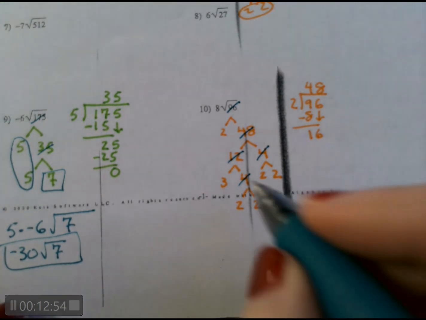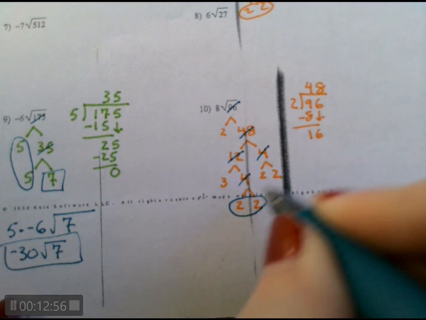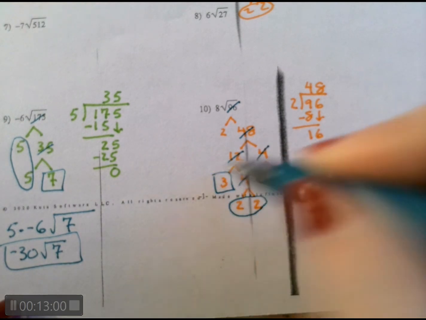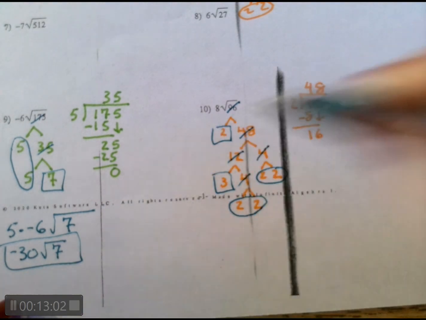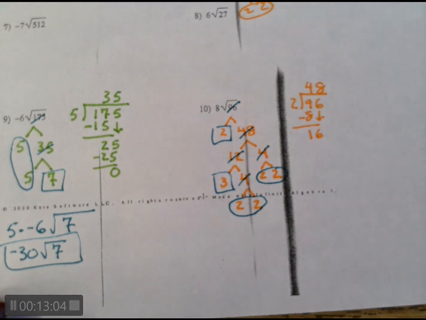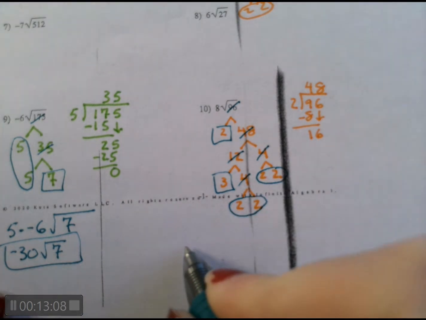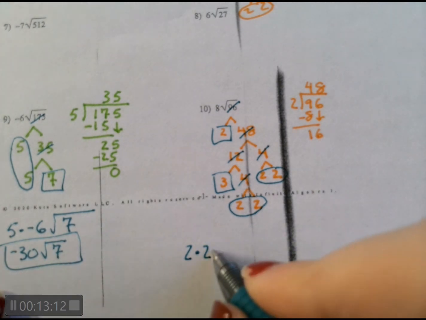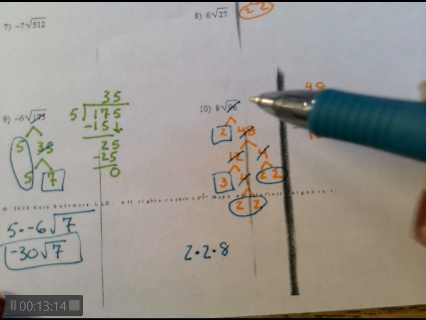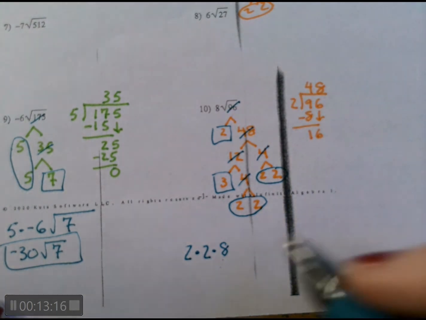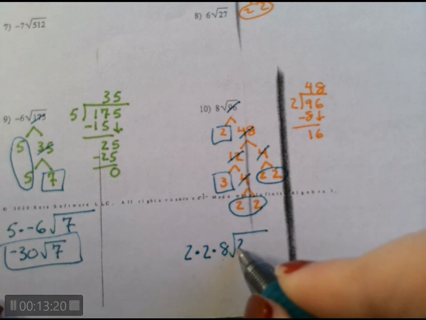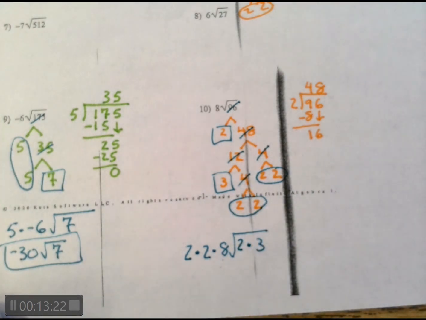Okay? Circle your pairs. Pair of 2s, pair of 2s, and then I have a leftover 3 and a leftover 2. So remember, one number from each of your pairs is going to go on the outside, so I have a pair of 2s, I have another pair of 2s, I had that original 8, the 8 came from right there, and then under the square root, I had leftover 2 times 3.